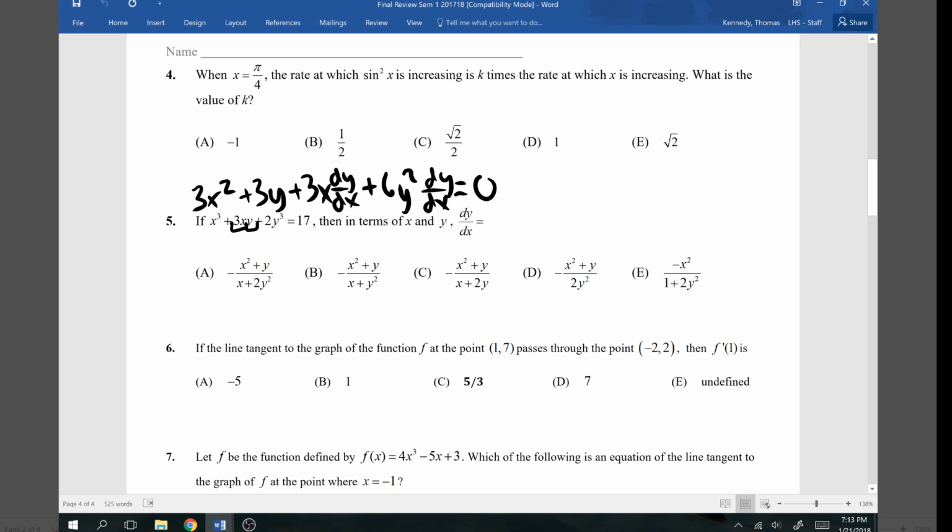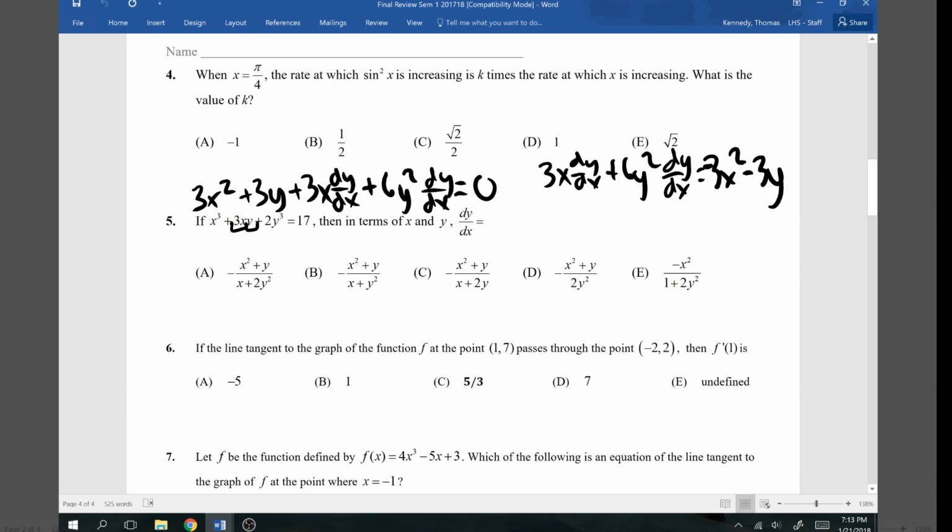And now we just need to solve for dy dx. So the preferred method is to move the stuff without dy dx to the other side. So you get 3x dy dx plus 6y squared dy dx equals 3x squared, or negative 3x squared, whoops, minus 3y by subtracting it over. Sorry, reading the comments, they're super focused.